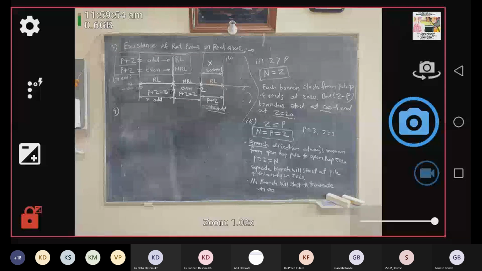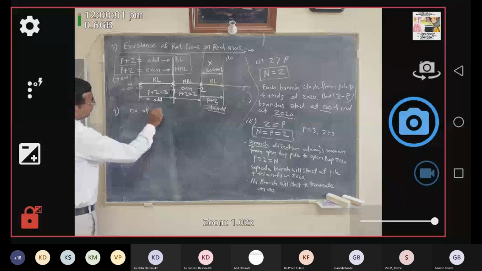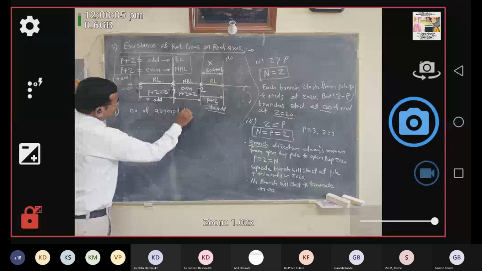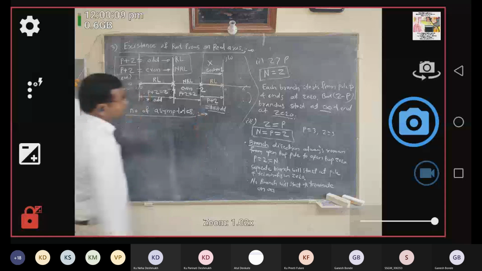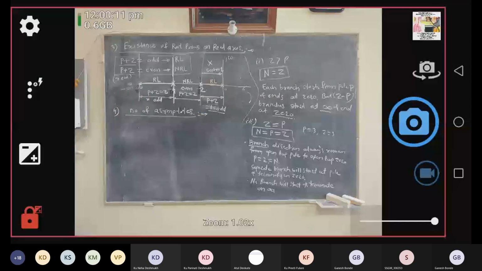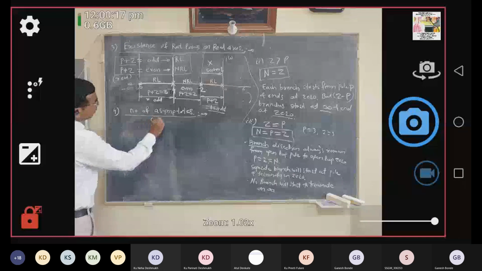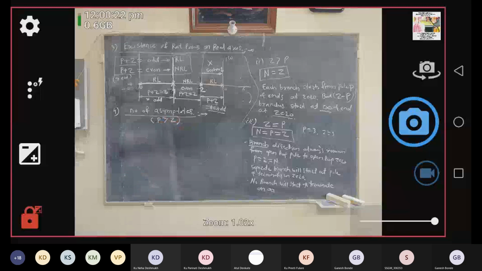So our step number 4 is the number of asymptotes. You have to find out the number of asymptotes. Okay, and generally number of asymptotes are present only in case of when p greater than z.